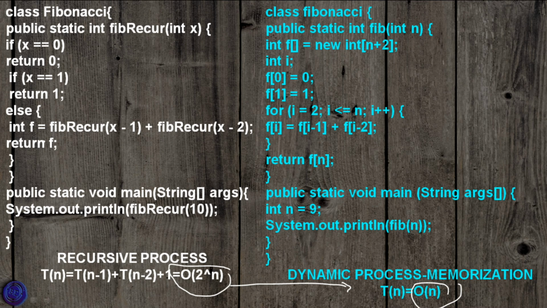In the recursive approach, we find the values individually every time they are needed, but in the memorization approach the values are already stored, so they are reused when they are needed.